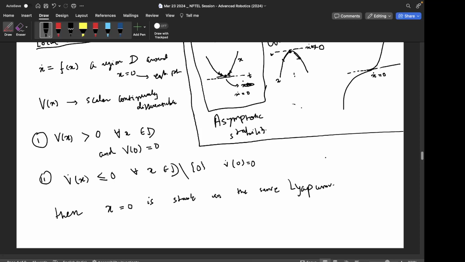Then we differentiate V(x), and if it satisfies the second property, that it is less than or equal to 0 for all points in the domain and at x equal to 0 it is 0, then we can comment that x equal to 0 is a stable equilibrium point.